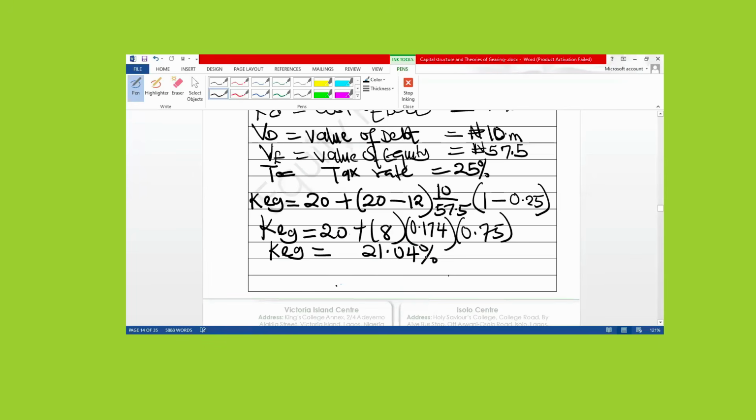You can introduce percentage now. The cost of equity of the company now is 21.04%. The company is now geared. Look at the comments.